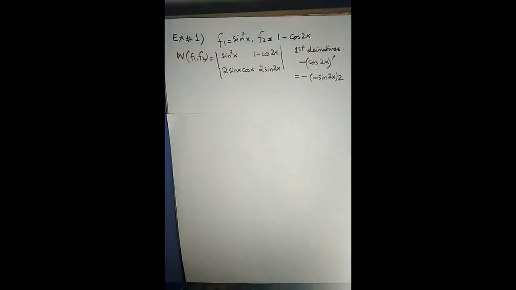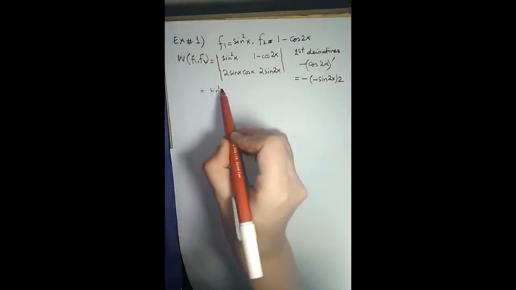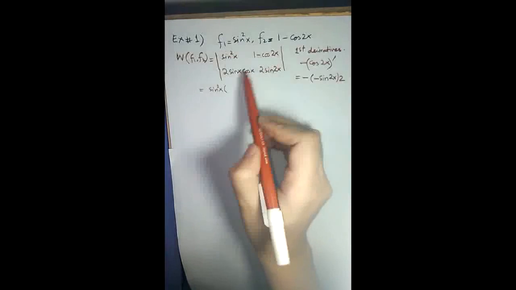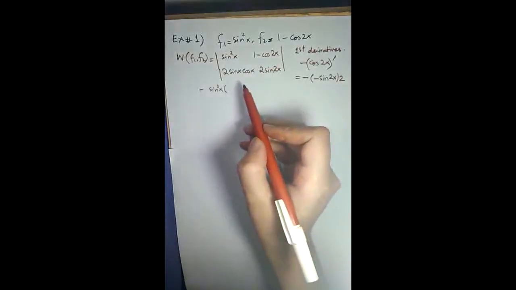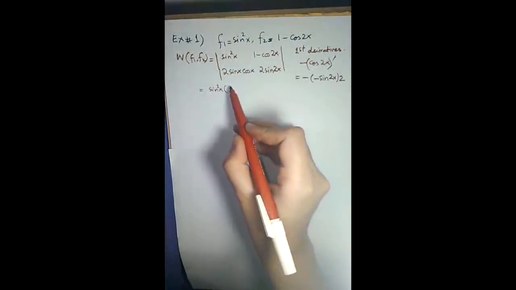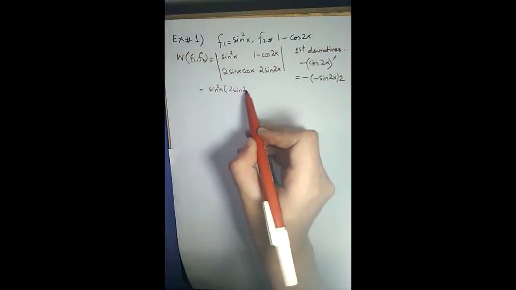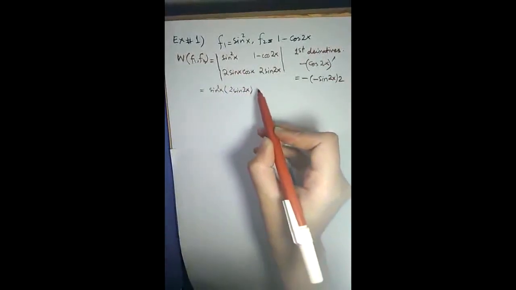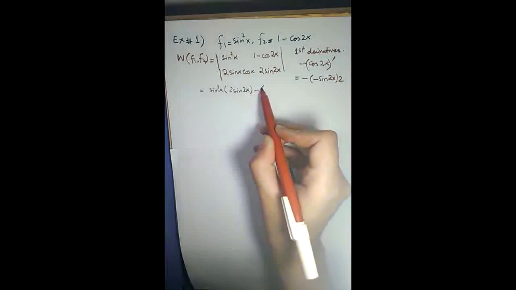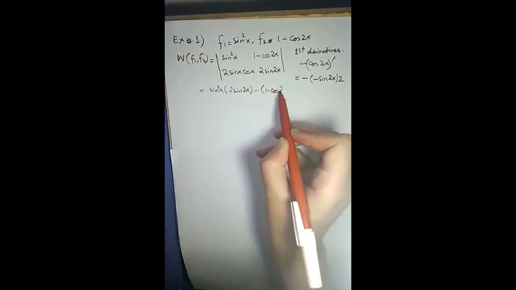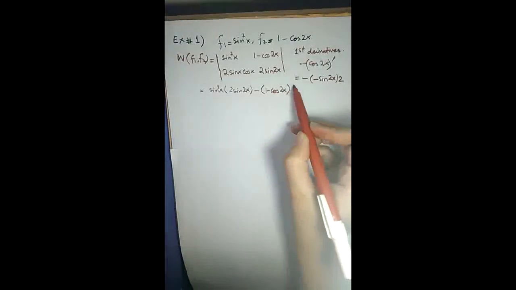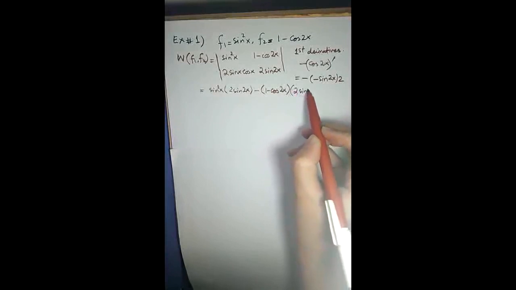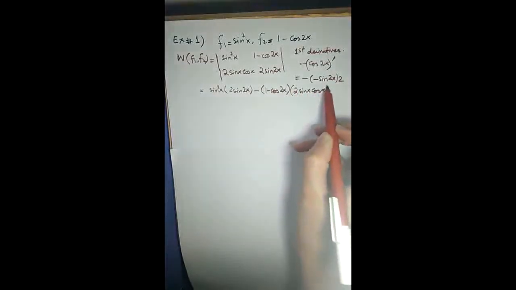Alright, now we take the determinant and we solve it. Sine square x cross multiply with 2 sine 2x, minus 1 minus cos 2x into 2 sine x cos x.